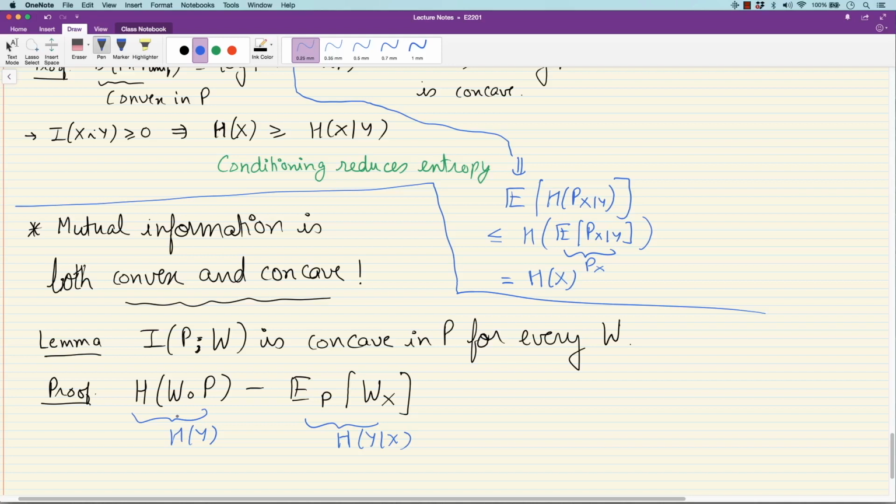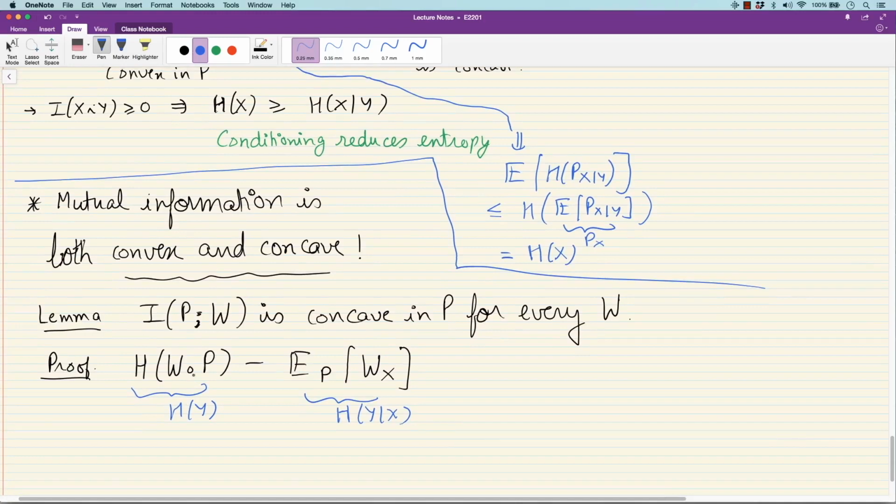Now, the entropy function here is a function of a linear function. So this is a function of W of P. What is W of P? It can be seen as a new distribution, which is a linear combination over X. There are several distributions over Y, one corresponding to each X, all vectors, and you weigh them by P of x.